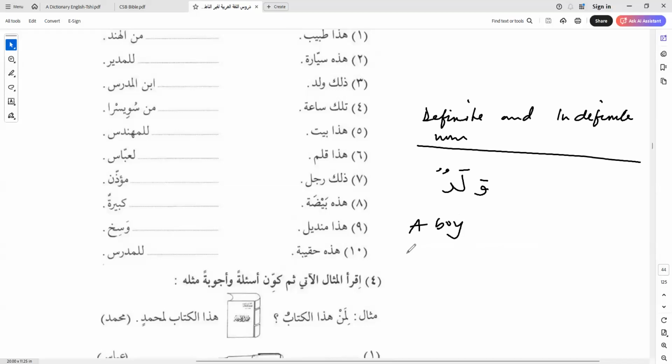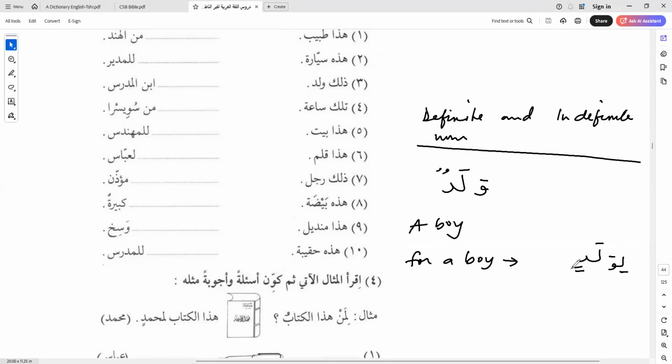So I want to say in Arabic, for a boy. For a boy, I have to say li wa, li waladin. Remember, li is conjunctive. You always have to attach it, so you attach it to the beginning here.